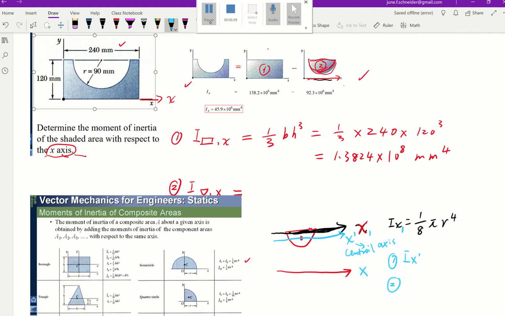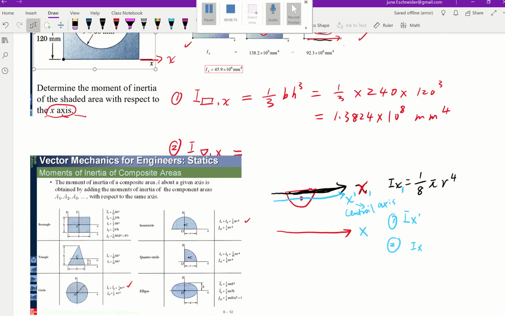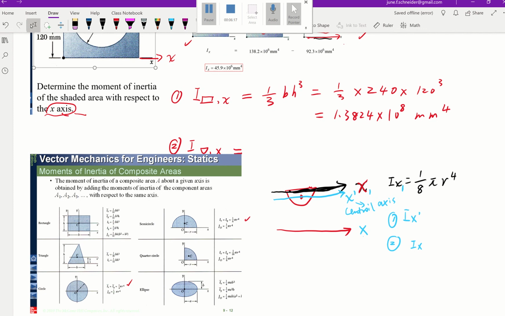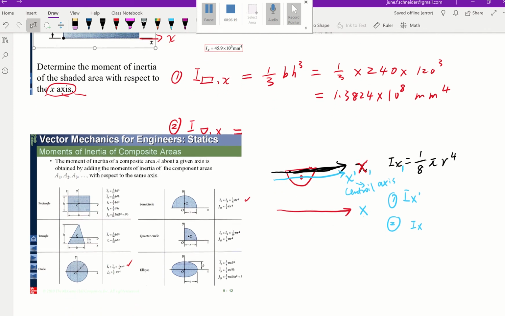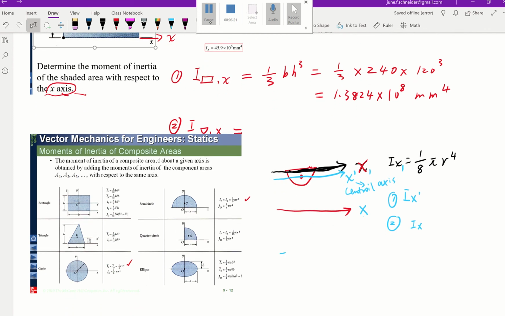Once we find that, then we can find Ix. That's our two-step process. In order to find Ix prime, we're going to use the parallel axis theorem in reverse. Because we do know Ix1, this new axis, is equal to Ix prime plus A d1 squared, and this is our d1.